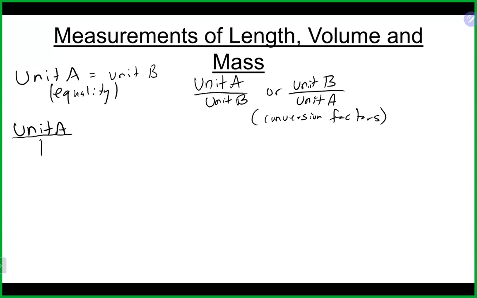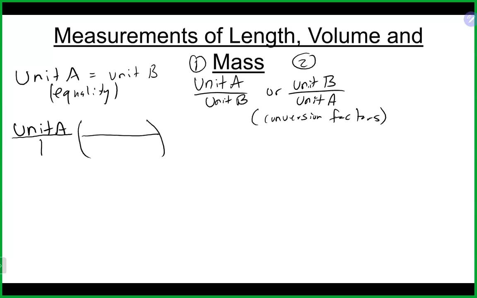That means if you have a unit up on top you want to get rid of, you should have the same unit on the bottom in the next part of the calculation. Or if you have a unit on the bottom you want to get rid of, you should have that same unit up on top. So for example here, I want to get rid of unit A, and I want to end up with unit B. These are my two choices here, choice number 1 and choice number 2 as a conversion factor.